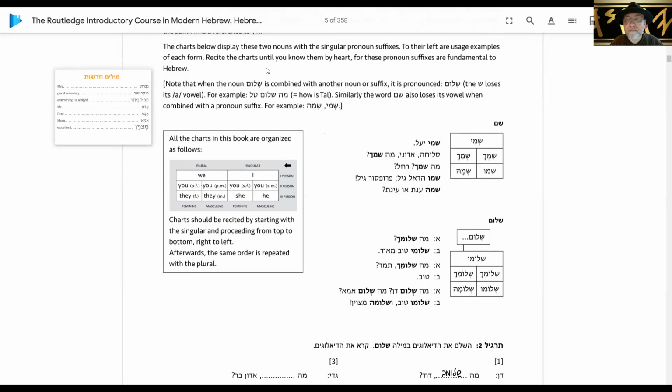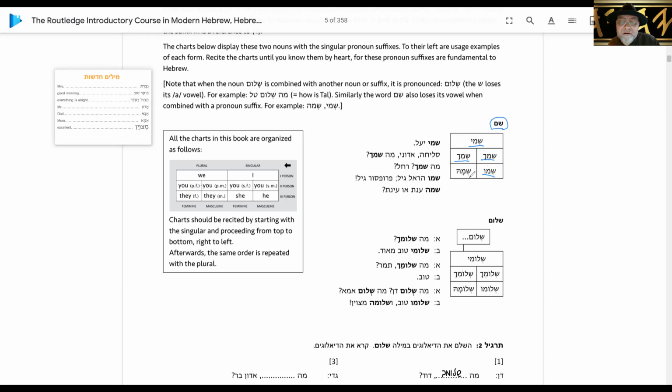Let's see. Okay, so this is shem, which means name. So I've got Shemi, my name, Shimcha, your name, Shemo, his name, Shemech, her name, and wait a minute here, let's see, almost certain that's her name.